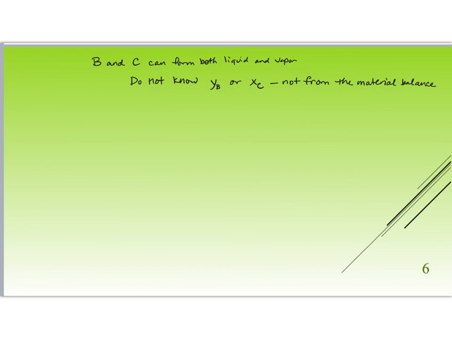What's going to happen is I now have two new variables, right? I've added two variables. And so therefore I need to have two new equations. And my new equations come from the phase equilibrium relations. If I assume that they form an ideal mixture, I can use Raoult's law or maybe a modified Raoult's law, then these become my additional equations.